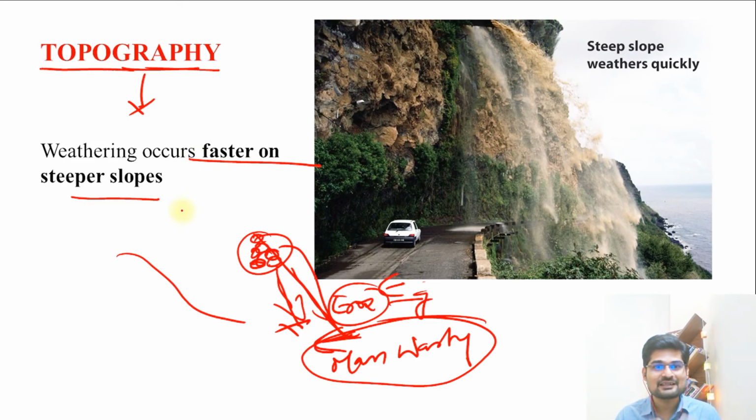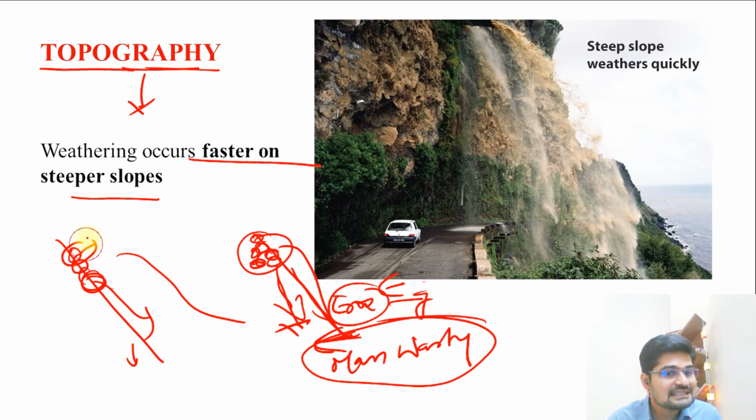Although we understand them in different ways as unique phenomena, they are integrated when we come to this slope part, right? Because gravity is an important factor in slope, it becomes part of mass wasting. Removal of material is part of the erosional process, that's why it becomes part of erosion, and disintegration of rock is the first thing that happens, that is part of weathering. So that is how it is important. So remember, steeper slopes weather more quickly.